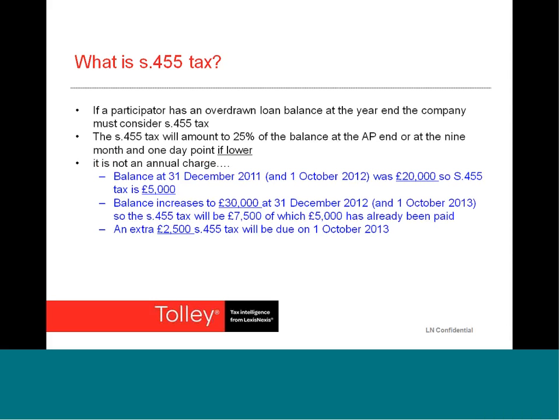If the amount outstanding then increases up to 30,000, then this participator has taken out another £10,000 of loan. So at 25%, there will be an extra £2,500 of penalty tax due next October 13. So you're not looking at the amount outstanding at the end of every year. You're looking at the loan and whether it increases, etc., during the year. Now, when the loan is repaid or the loan is waived, the penalty tax is repaid to the company.